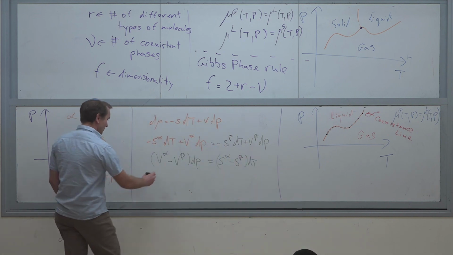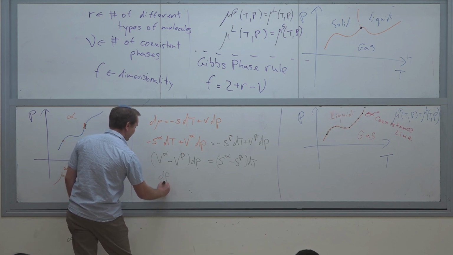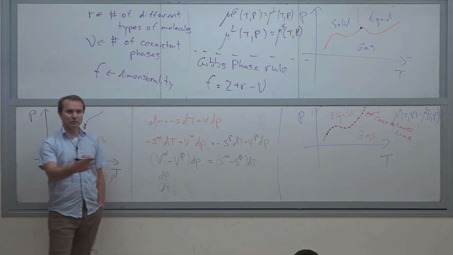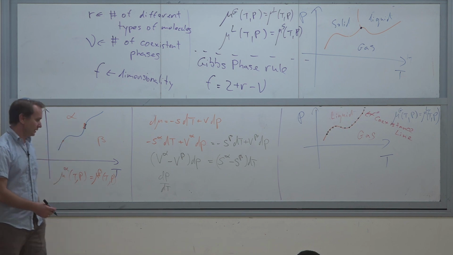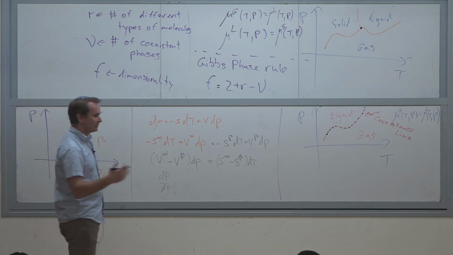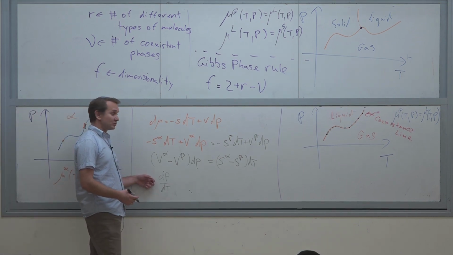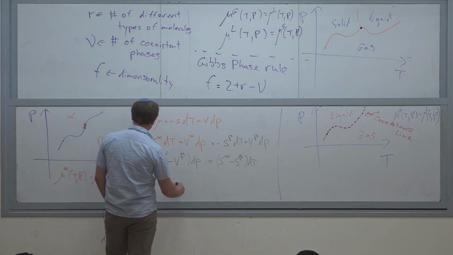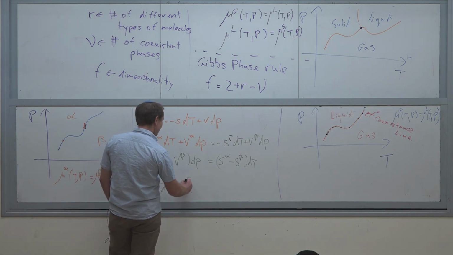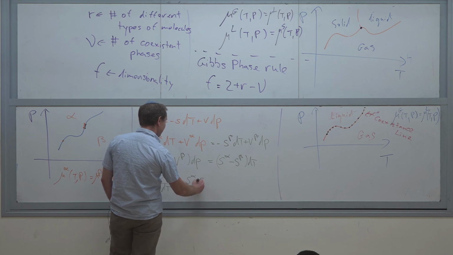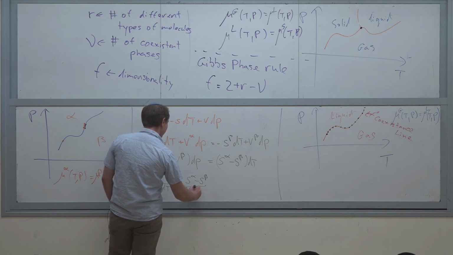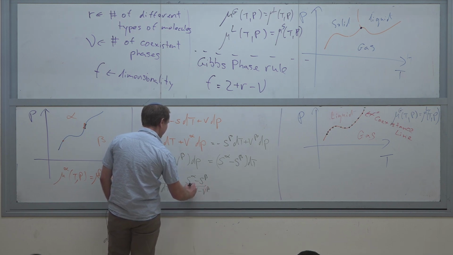And we can obtain dP by dT. I can use all the definitions of the derivatives using limits, etc., but for me it's already a derivative. dP/dT equals S alpha minus S beta divided by V alpha minus V beta.